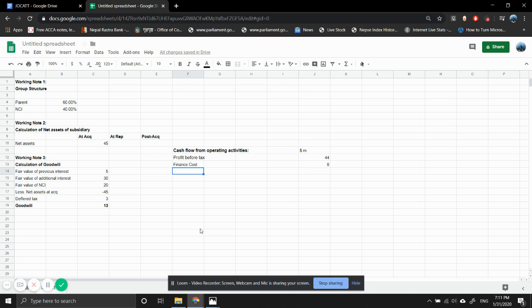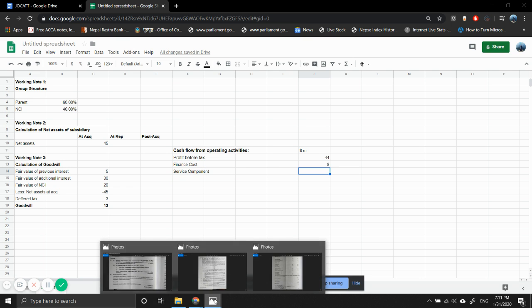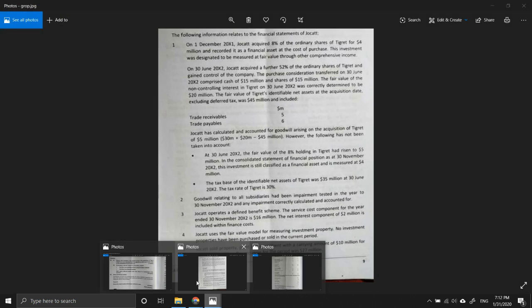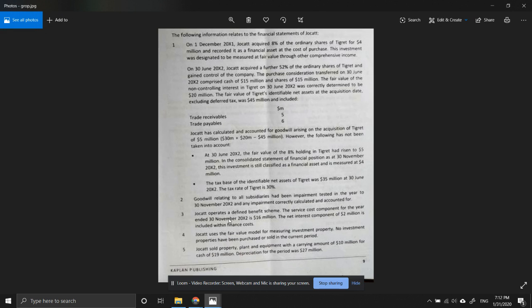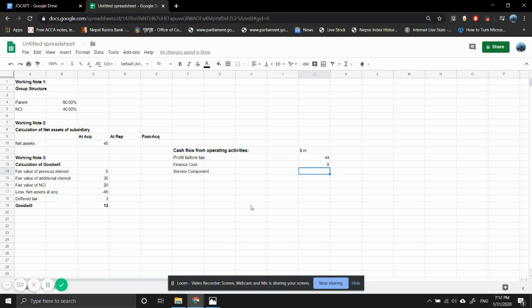And then after that, service cost component, let's write that down as well. Service cost component is 16, right?